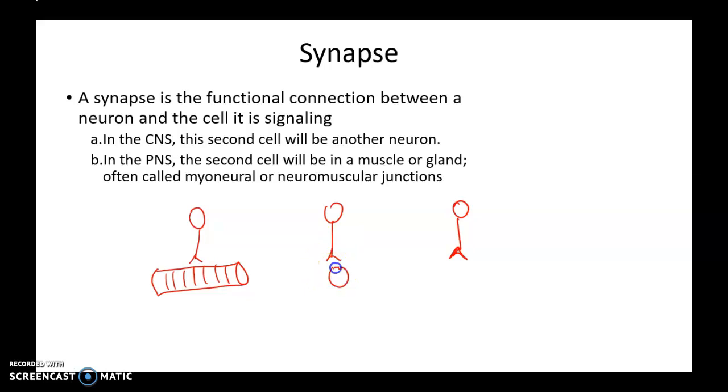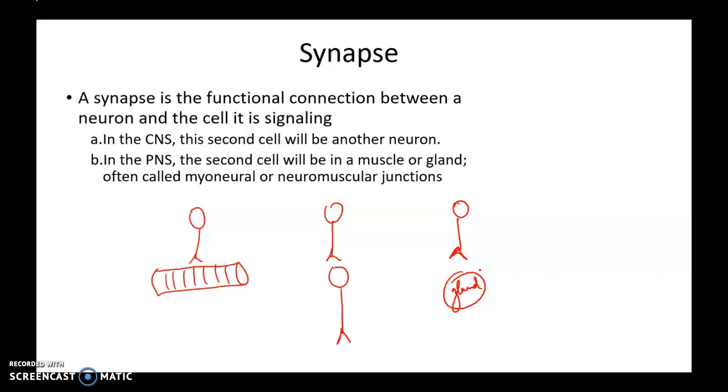When a motor neuron is in very close proximity to another neuron, this is another synapse. And the motor neuron can also be in very close proximity to a gland. That's another synapse. So, a synapse is defined when one motor neuron lies in very close proximity to either another neuron or a muscle fiber or a gland. We call that a synapse.